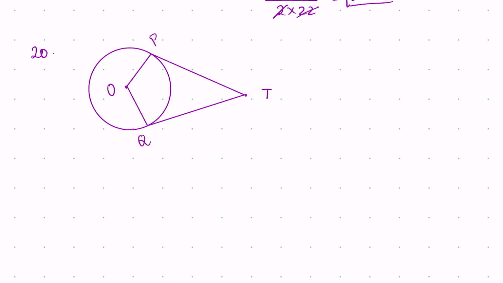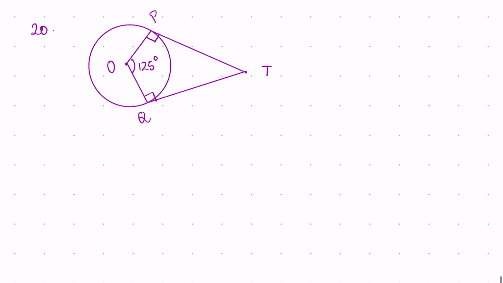All right, so this angle is given as 125 degrees. In the figure, TP and TQ are two tangents, okay, so using the result given before, this would be 90 degrees, this would also be 90 degrees. Why? Because a tangent drawn from an external point to a circle is perpendicular to the radius at the point of tangency. Okay, so I need to find angle PTQ. So this is the angle that I need to find.